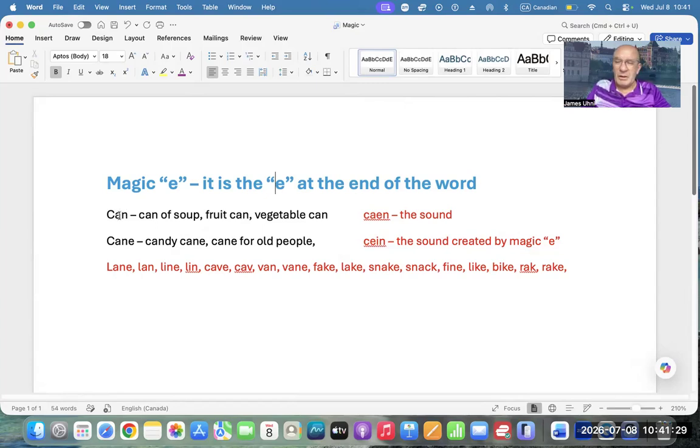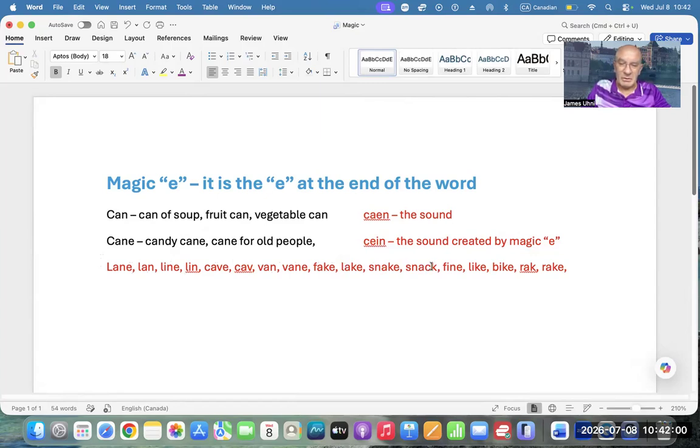And the same thing applies to I or U. Lane, lan. Line, lin. Cave, calf. Van, vane. Fake, lake, snake, snack.